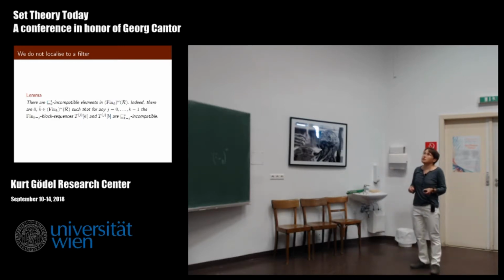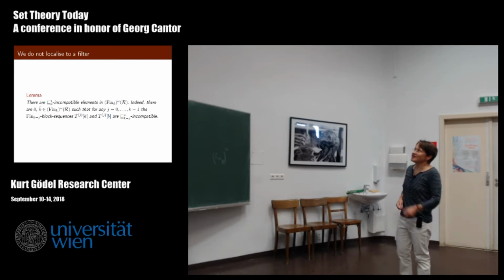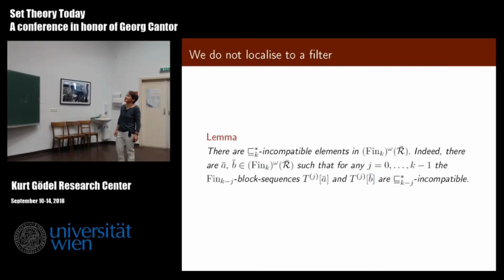But now I don't want to go so far and cut my space down to a centered space. That's too poor a forcing. So in this space we really still have incompatible elements. If you only put here the rims of the staircases, you don't yet get the full information about whether two of them are compatible.